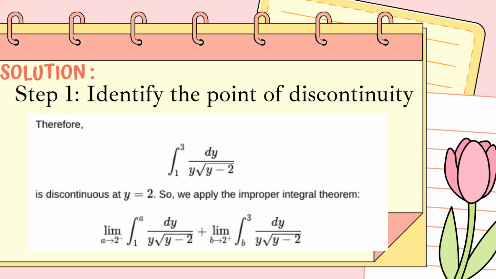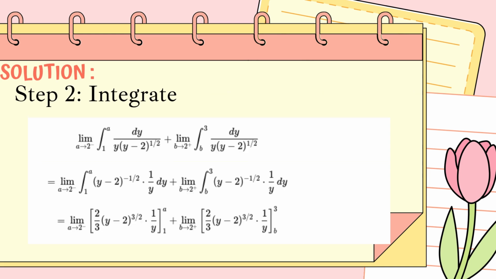So we apply the improper integral theorem, which is the limit of the integral of dy over y square root of y minus 2 from 1 to a, where a approaches 2 from the negative side, plus the limit of the integral of dy over y square root of y minus 2 from b to 3, where b approaches 2 from the positive side. Then step 2 is we will integrate.